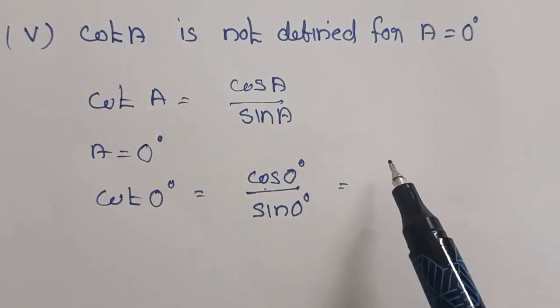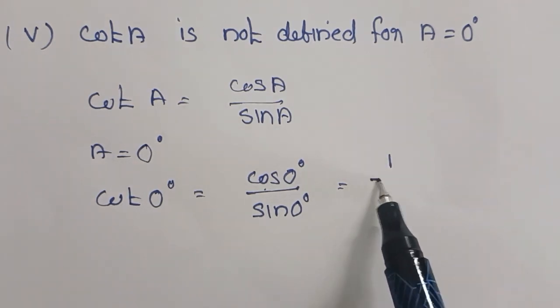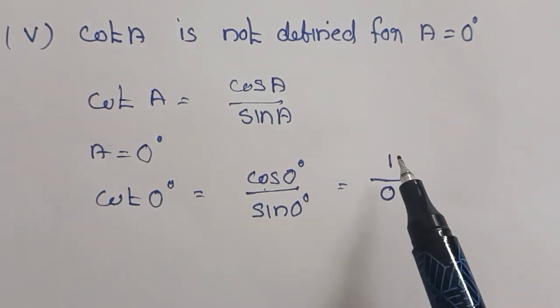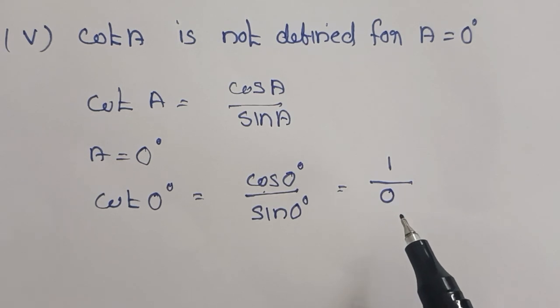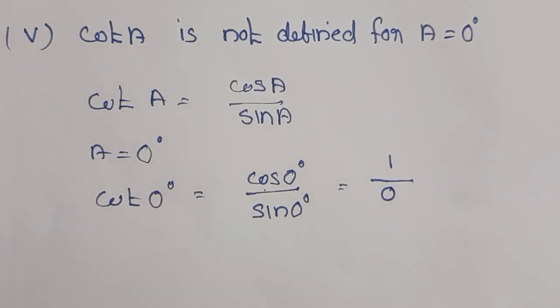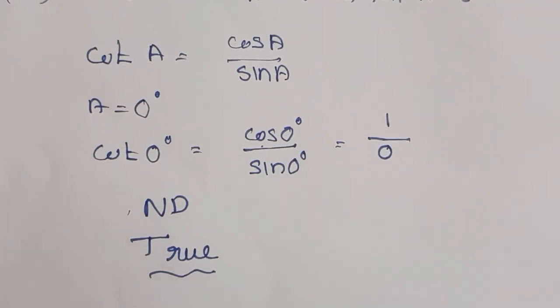Now cos 0 degrees is equal to 1, but sin 0 = 0. 1 by 0, division by 0 is not defined, hence cot 0 is not defined. So the answer is true, isn't it? The required answer is true.